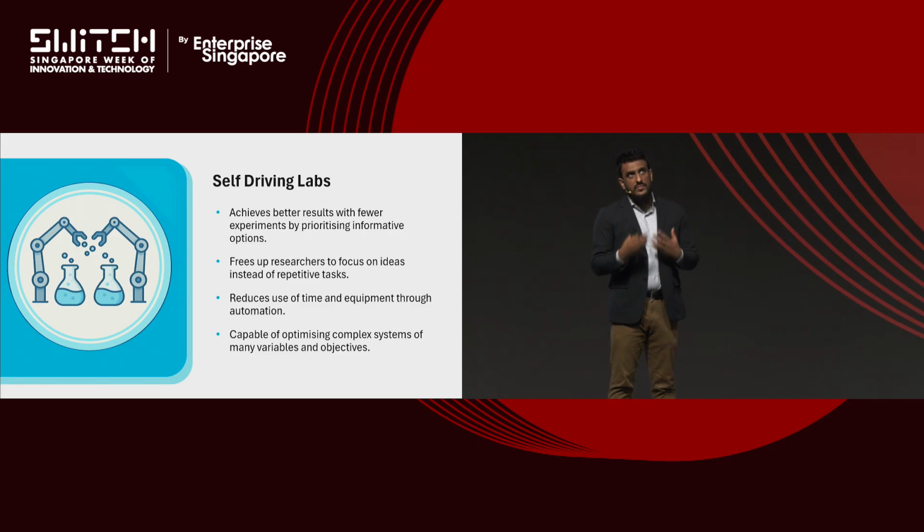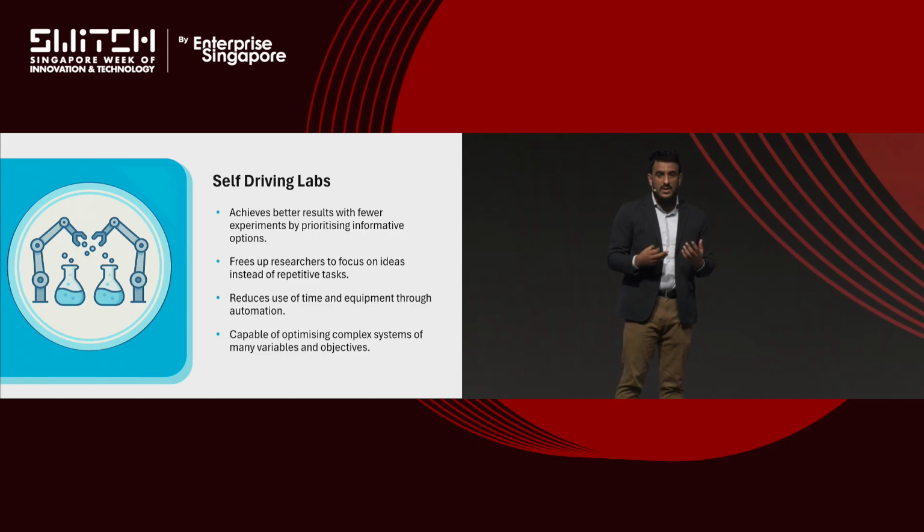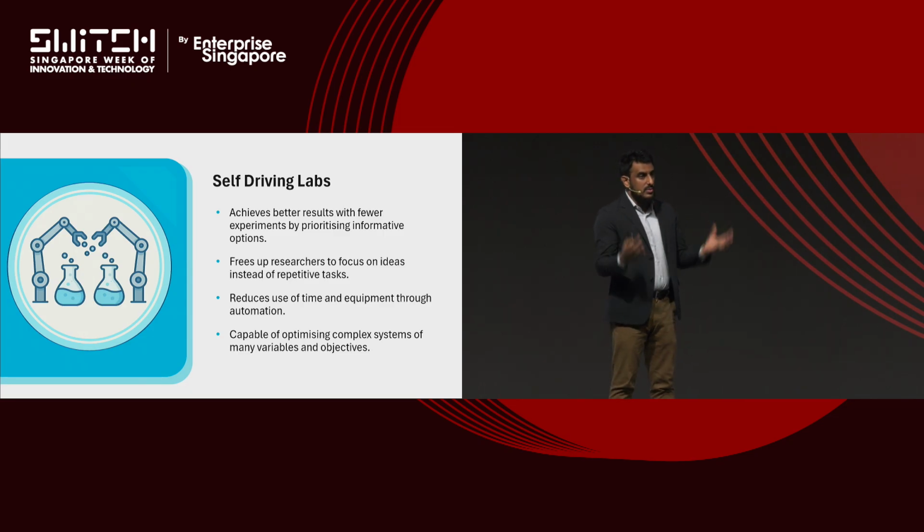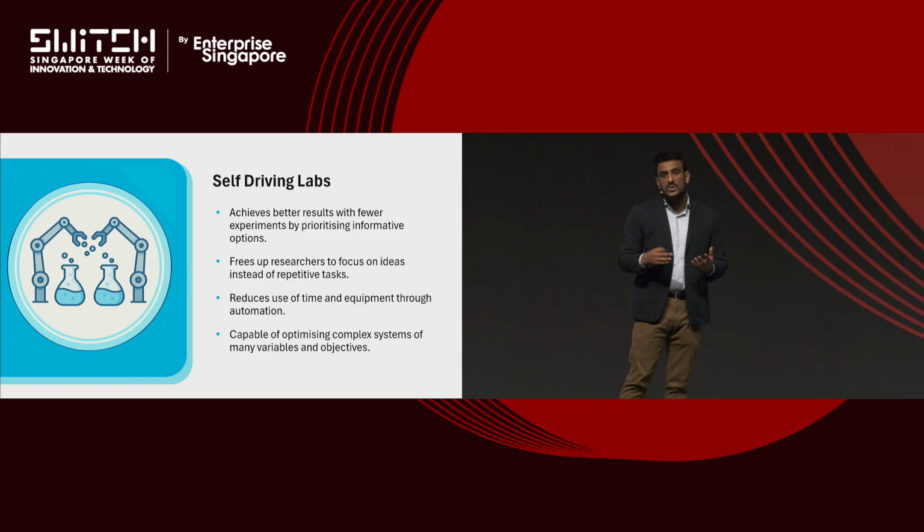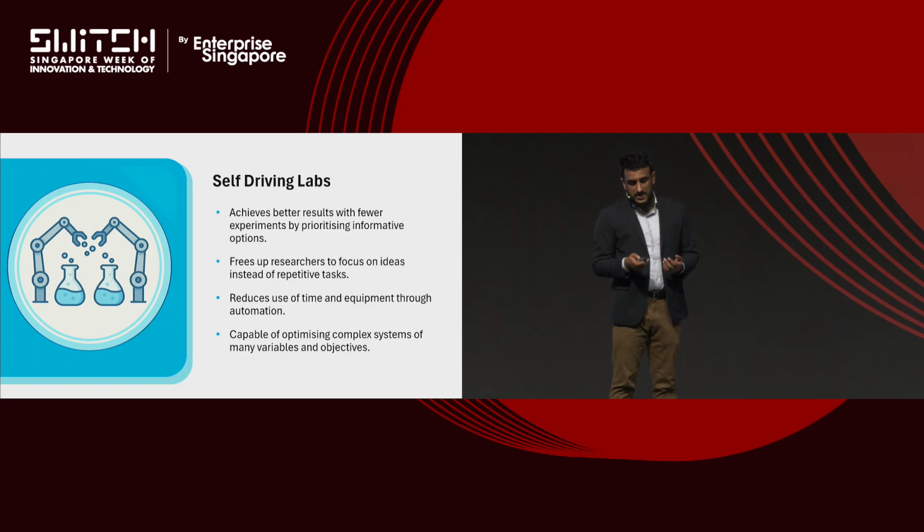And because of the increasing power of these AI technologies, it's not just a case of having 2, 3, 4, or 5 variables anymore. You can have hugely complex, multi-step chemical processes, and AI systems are able to digest these and help you to reach your desired goals in a few number of experiments.